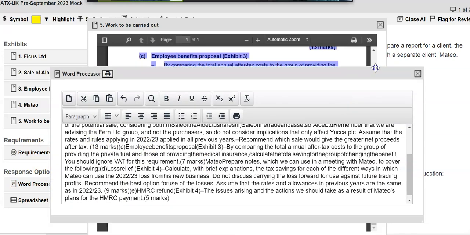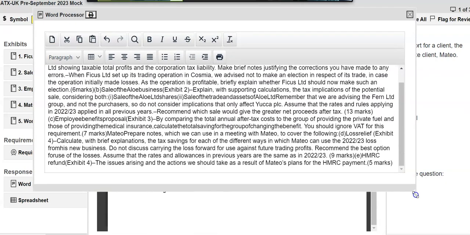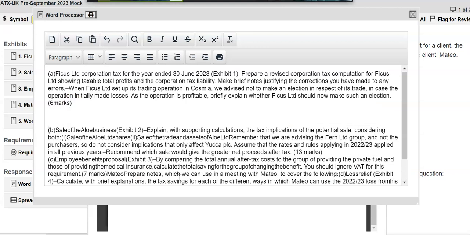Okay, so now I have to spend like 1 or 2 minutes. Okay, so this, you can drag it and expand this. So where is part B? Here is part B. So I'll just press enter. Then B is also having 2 parts.